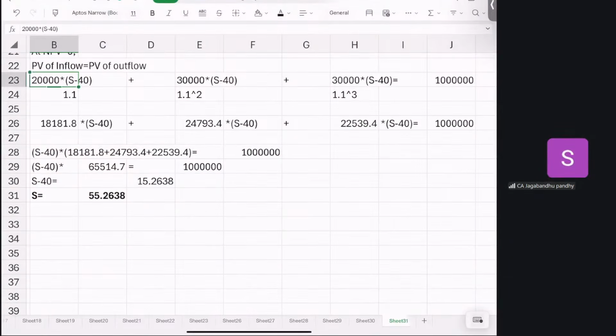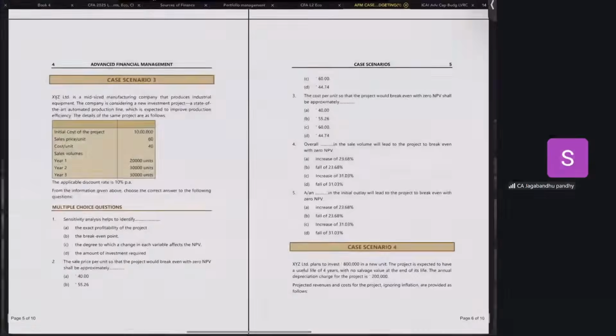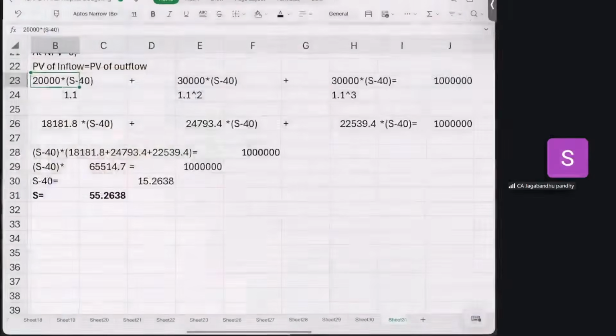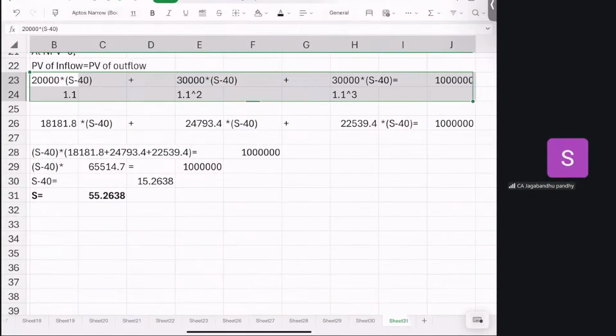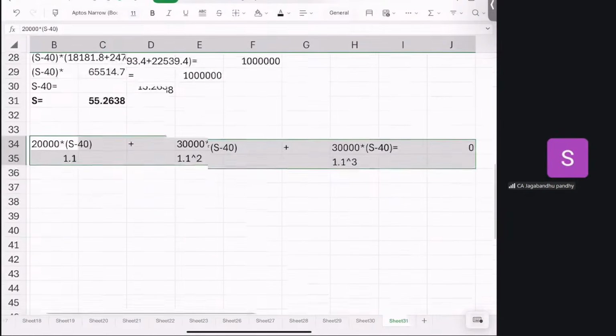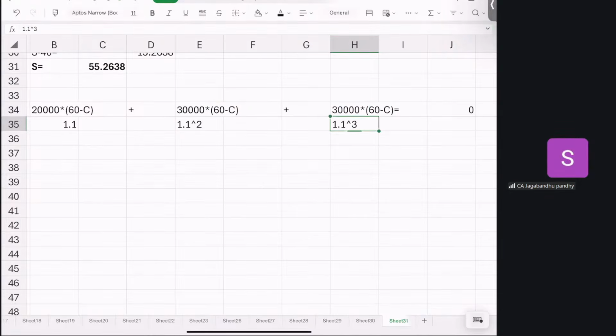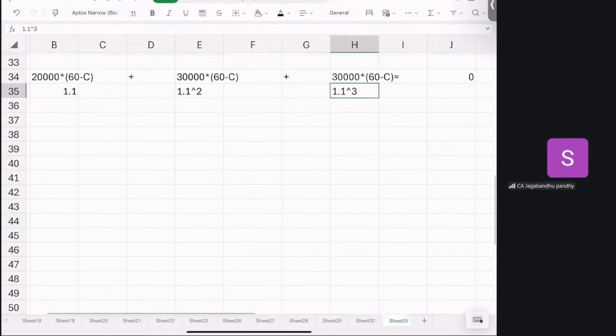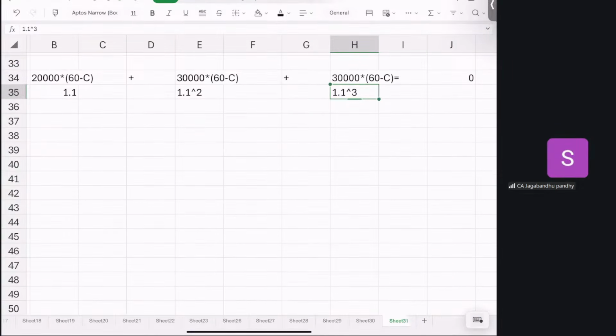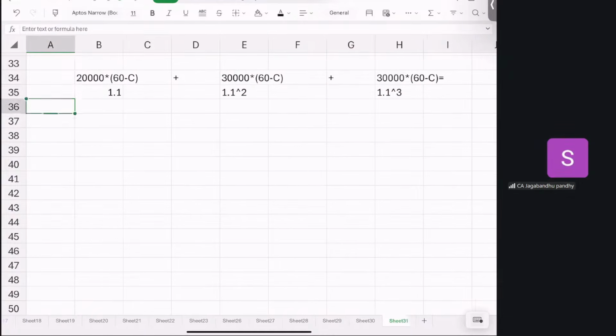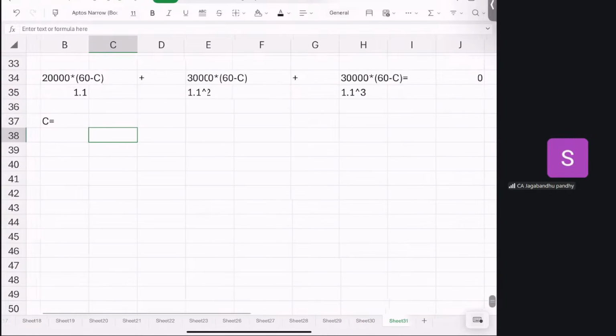The same equation we can write as 60 minus cost, this is also 60 minus cost, this is also 60 minus cost. So on solving this, what is the value of the cost?